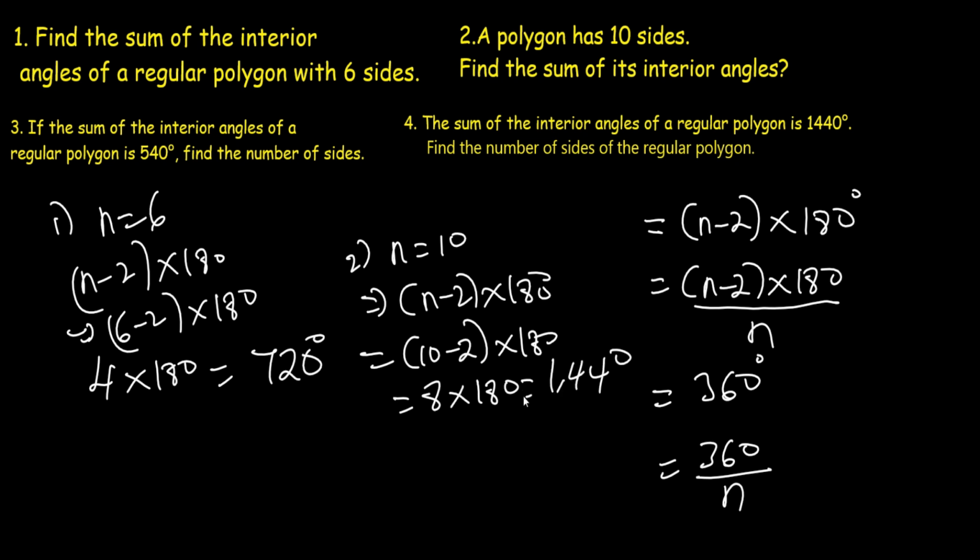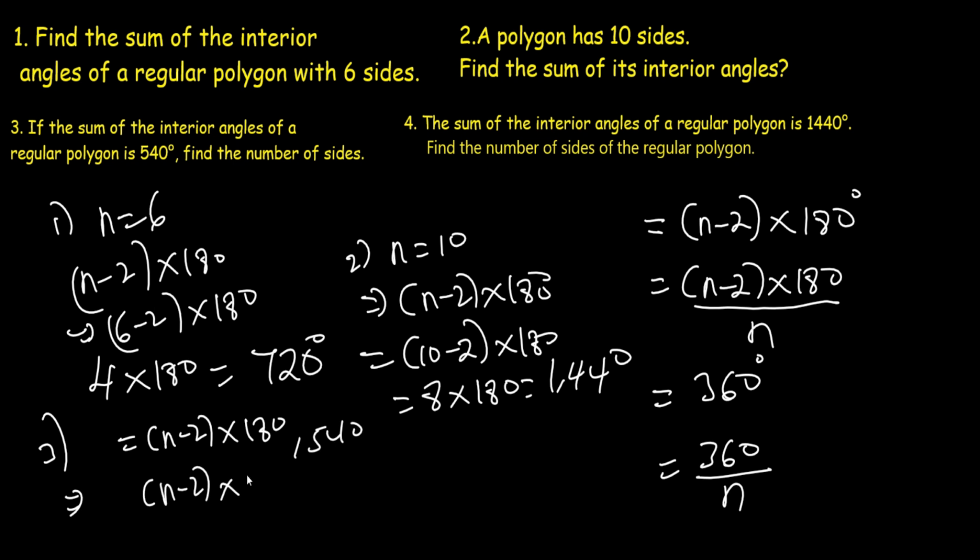1440 degrees. Now, the next one says if the sum of the interior angles of a regular polygon is 540 degrees, find the number of sides. So in this question, example number 3, we are finding the number of sides of the polygon. As you know, the sum of the interior angles is equal to n minus 2 times 180 degrees. But here, they have given us the sum of the interior angles as 540 degrees, so we just have to equate the formula to 540 degrees.